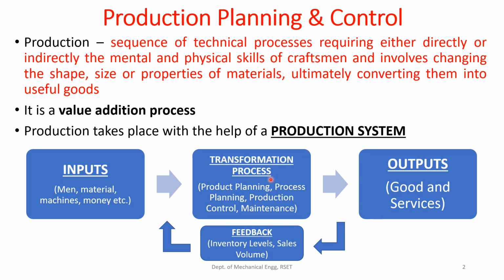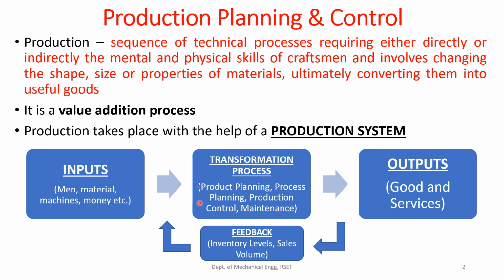And the transformation process involves a lot of actions. So the transformation process involves a process of product planning, a process of process planning, which together constitute what we refer to as production planning. It also constitutes an action called production control, and also activities like maintenance which help to maintain these processes in the right fashion.